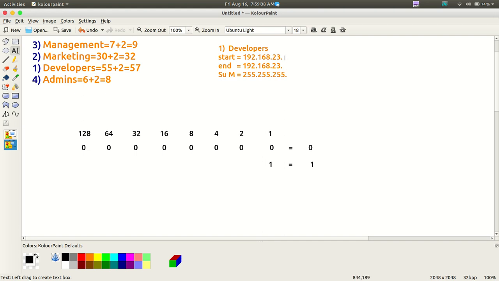You are only obtaining two IP addresses over here. According to this start, which is 0, and the end, which is 1, you are getting a maximum of 2 IP addresses which are of no use for us. We need how many IP addresses? Developers have a minimum requirement of 57. Okay, clear? So anyways, Control Z.